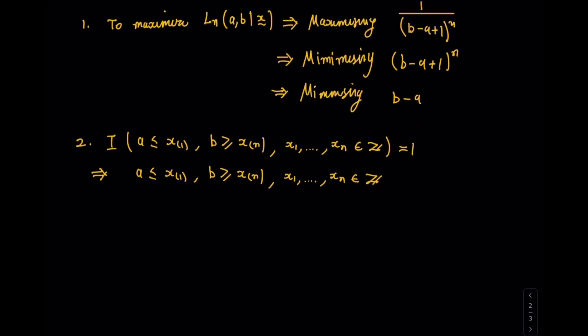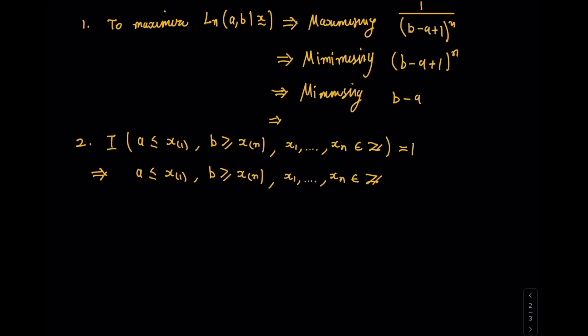Now here's the interesting part. We can actually combine these statements together. So b minus a needs to be a minimum. And also, the value of a, if we have a look here, has an upper bound, and the value of b has a lower bound. Now, I'm going to add one more statement here.